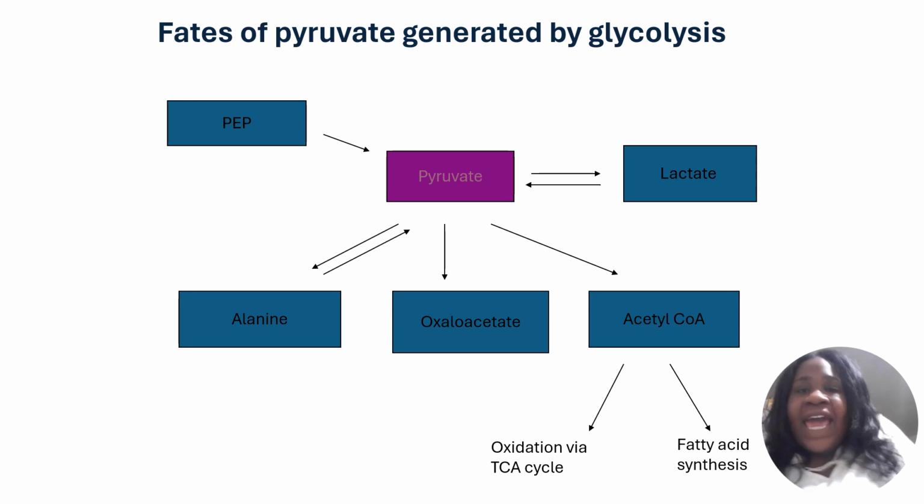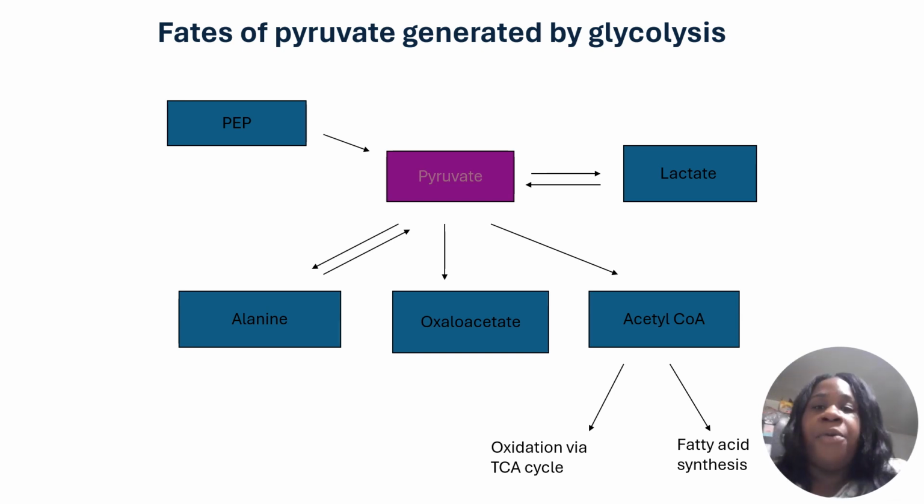Conversion to acetyl CoA. Pyruvate can be converted into acetyl CoA through a reaction catalyzed by the enzyme pyruvate dehydrogenase complex, which is PDC.